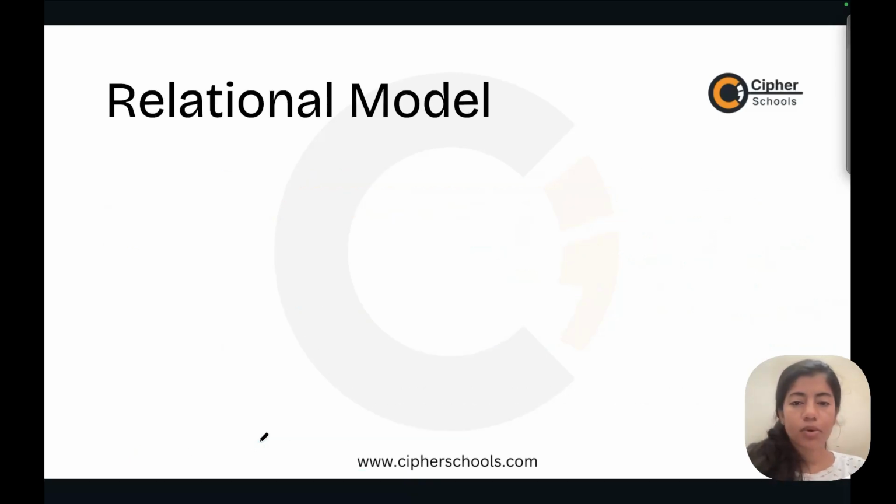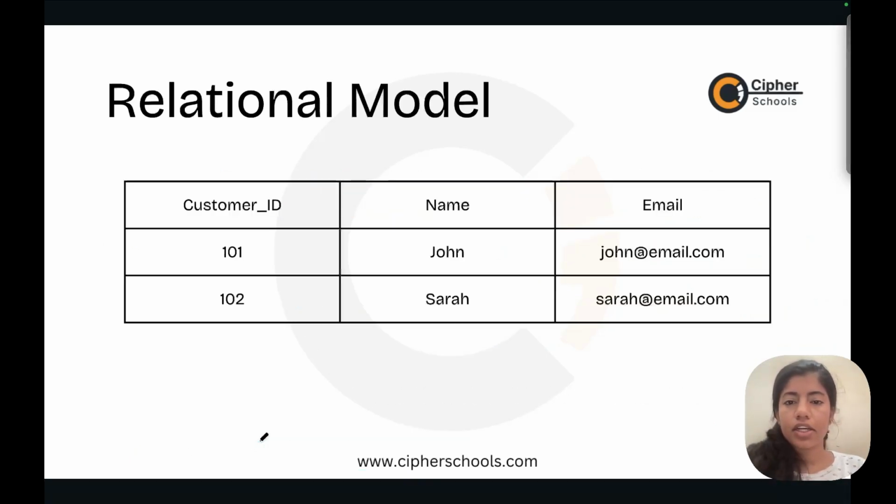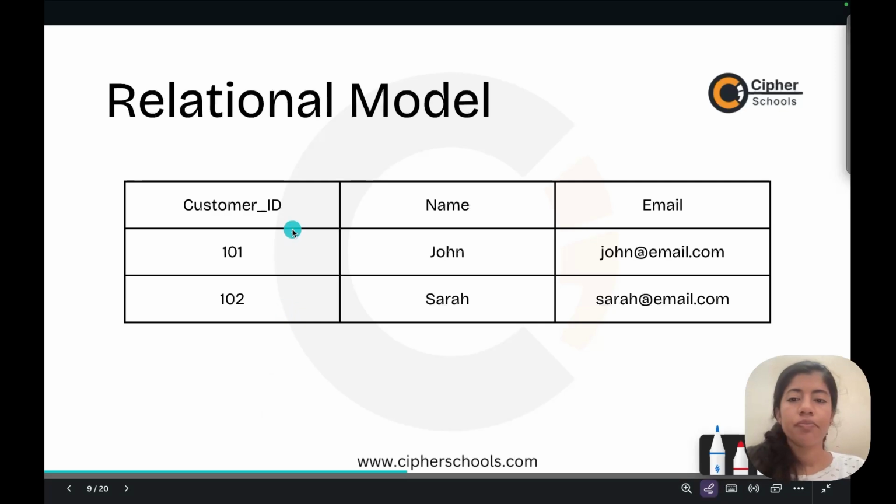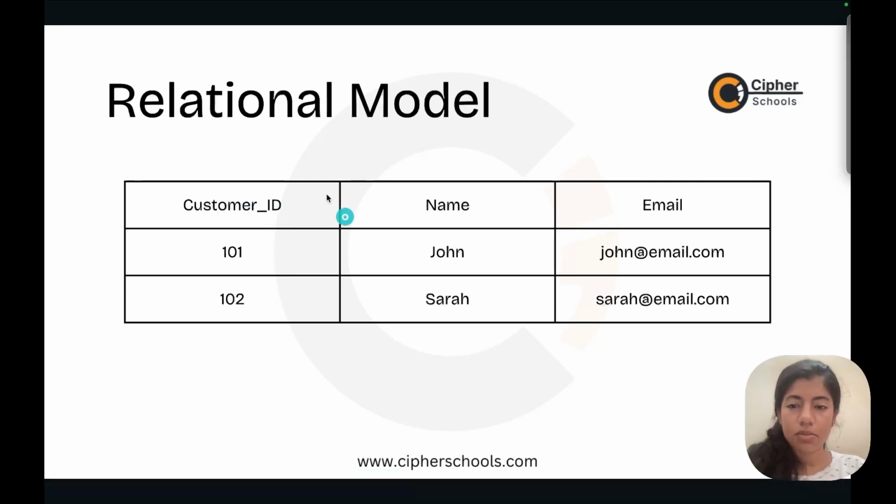Let us understand the example again. Let us begin with this particular table. As we discussed, in the customer table we are storing the customer ID. Note that this is unique, there are no duplicates in it, and it is not null. By null value I mean that it is not defined.